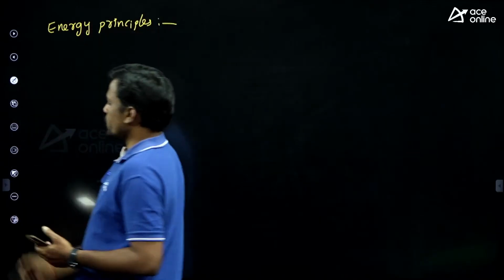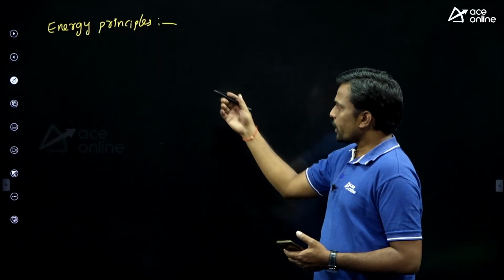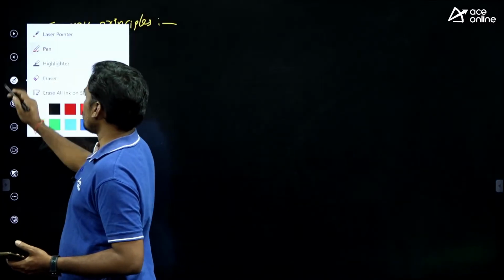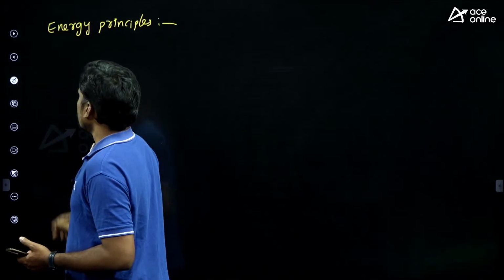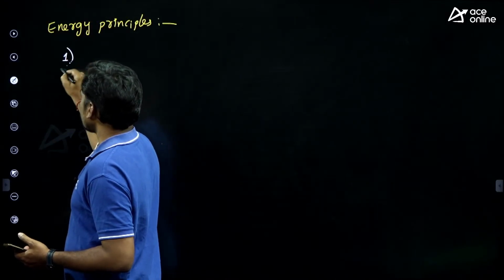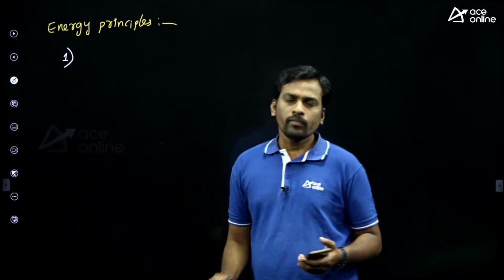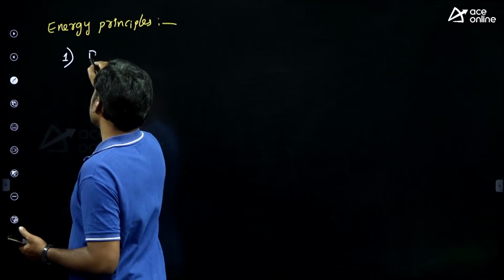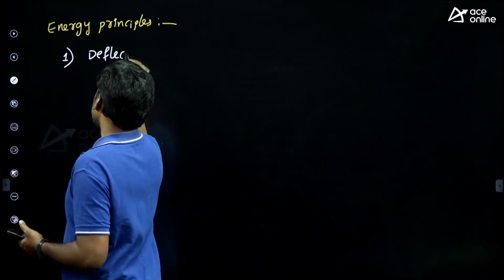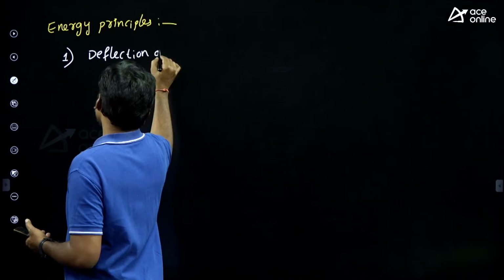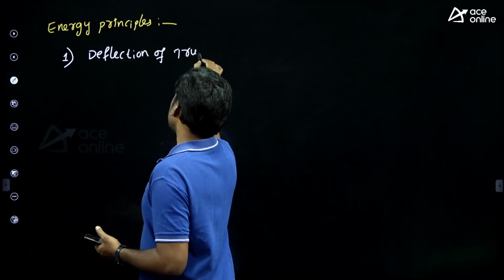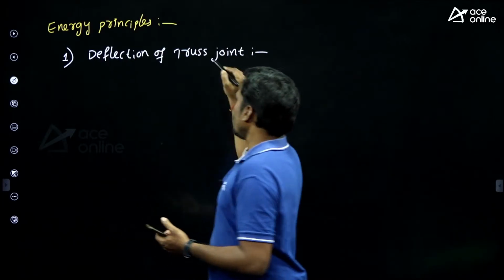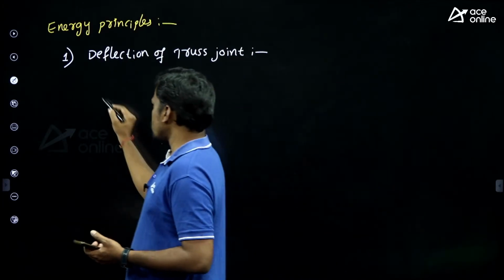Okay, energy principle. So in this chapter, what are the important topics? Right, here the important topics are how to find the deflection of truss joint. Here I gave 3 cases, right, in this.